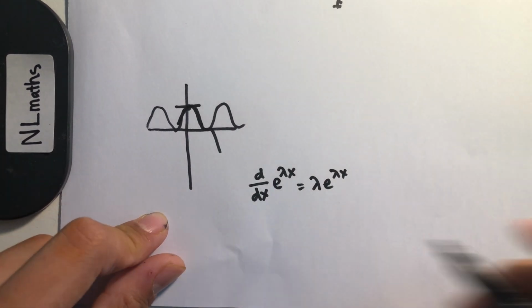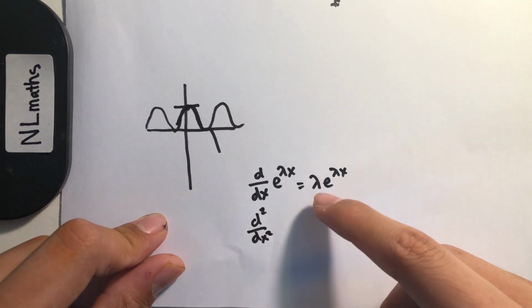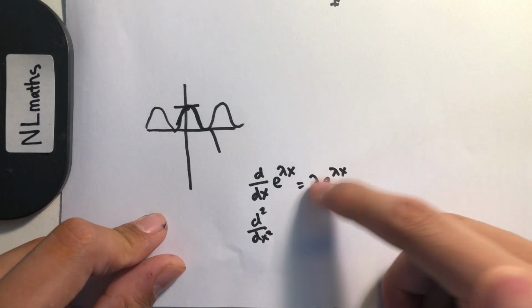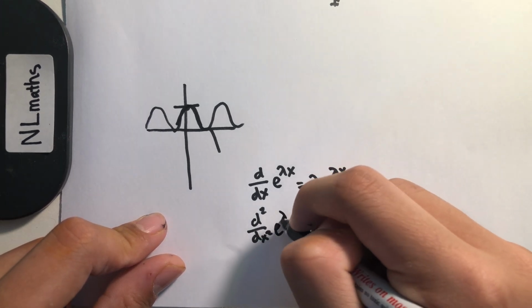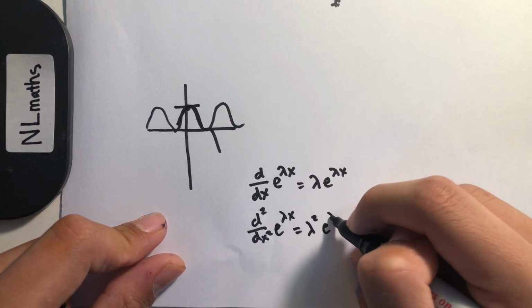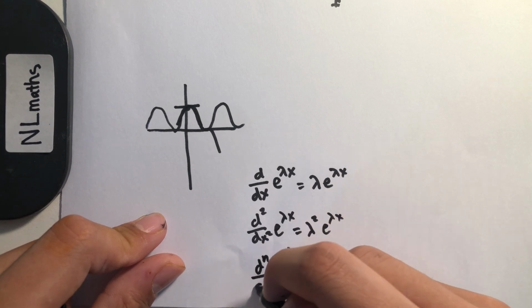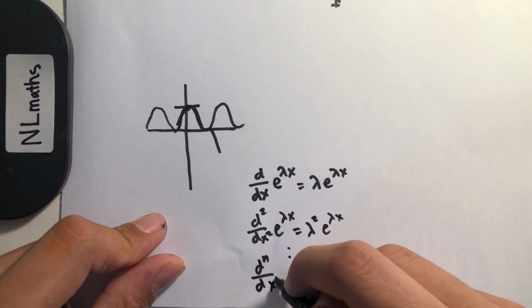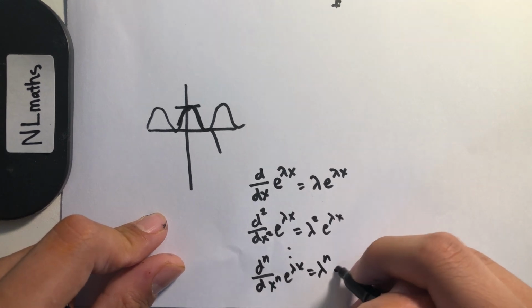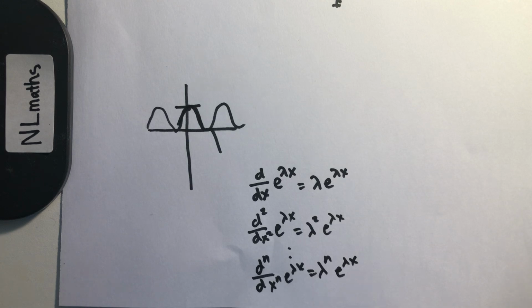So continuing on, if we have this, the second derivative is going to be the derivative of this. So which means that we'll take another lambda, and this is going to be lambda squared e to the lambda x. So as you can see, as it goes on to d^n by dx^n of e to the lambda x, it's going to be lambda to the n times e to the lambda x. And you can try doing some more, proving to yourself that this is the truth.